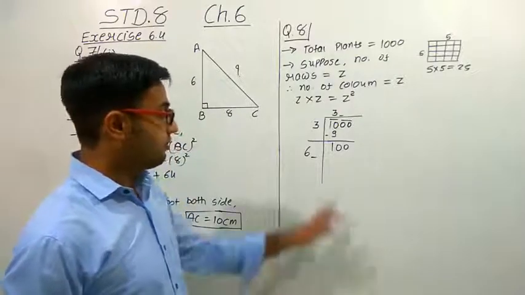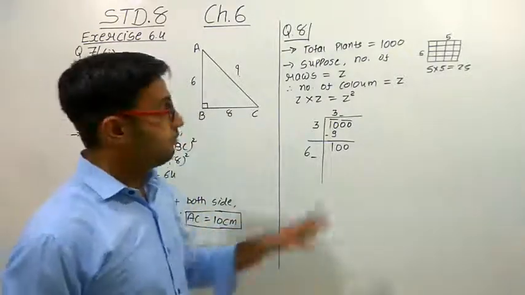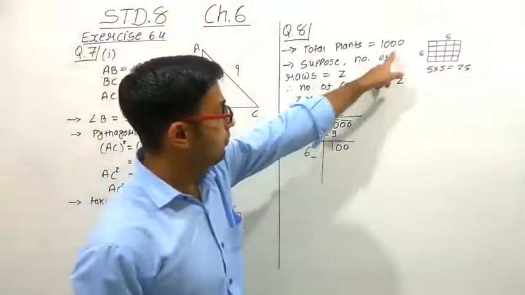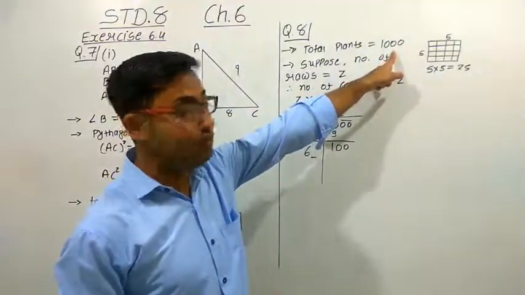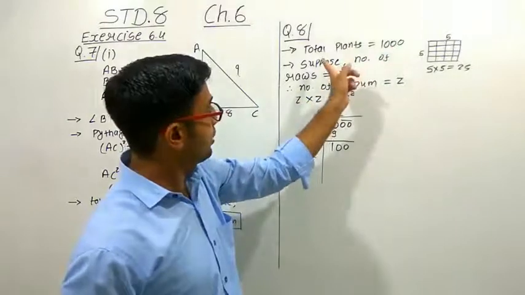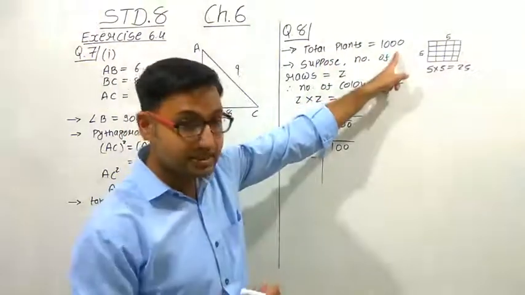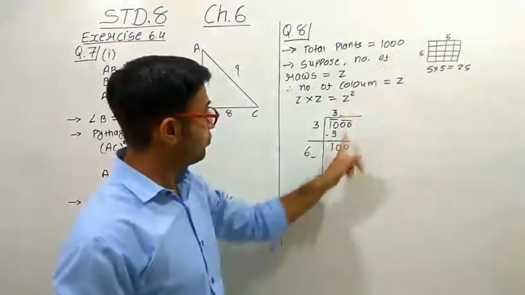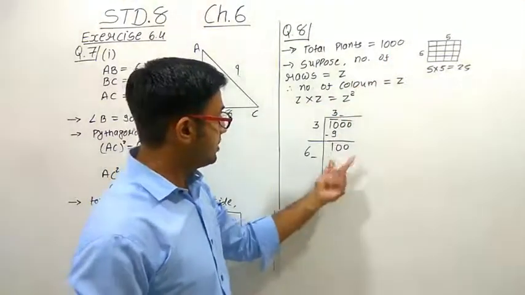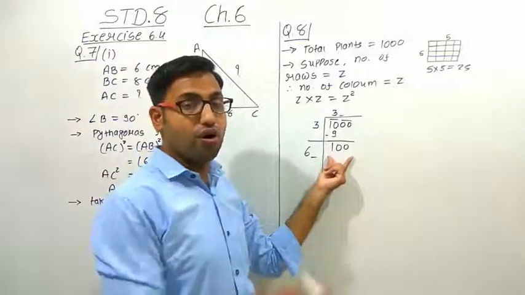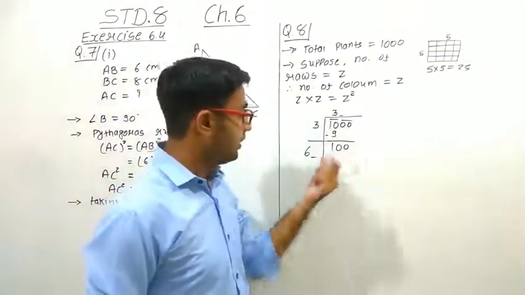But see, we cannot take the lesser number, because we have to plant more than 1000 plants, not less than 1000. So here we have to take a digit which gives a product equal to 100 or greater than 100, right?